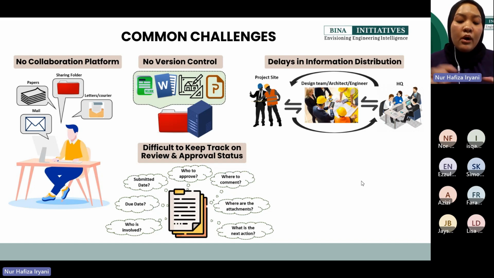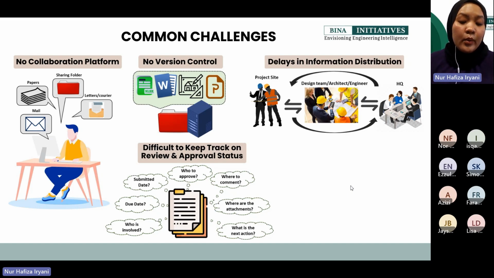All these teams are at different places, and the communication between them is either by phone, by WhatsApp, Telegram, or whatsoever. So this way of information distribution is not effective.